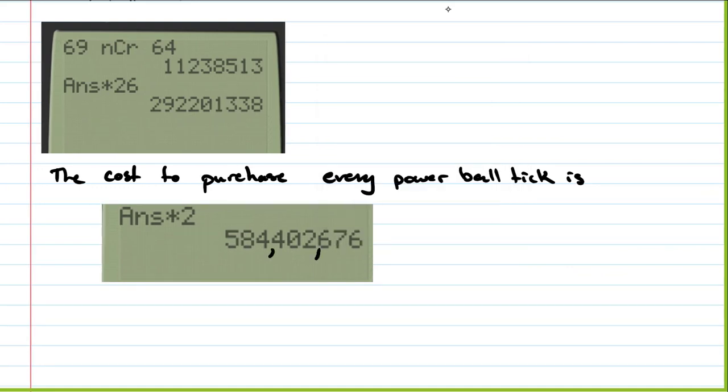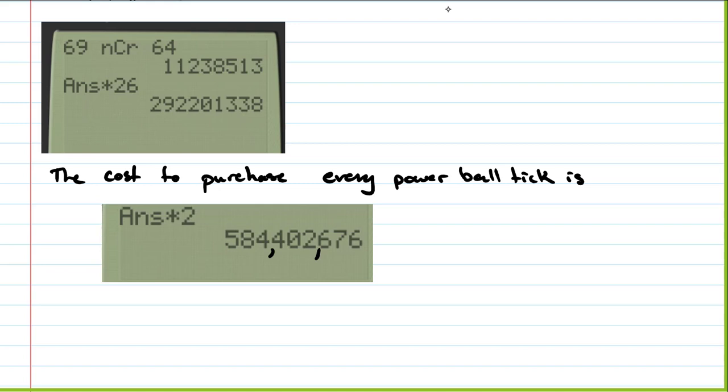So, not nearly as bad as when we erroneously used permutations, but still pretty expensive. So, to buy every possible Powerball ticket, what would we need? Almost, well, $584 million, right? So, the biggest Powerball, I think, broke $1 billion by a little bit.